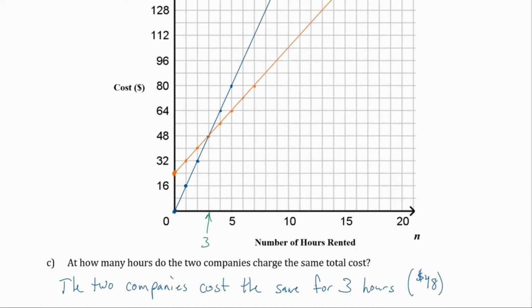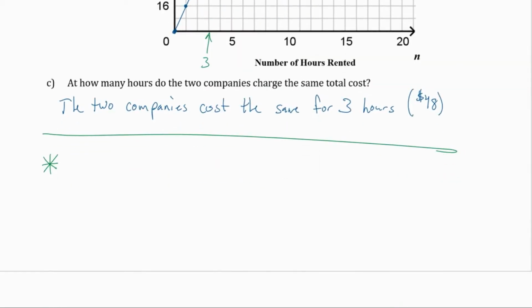Well, you want it to be cheaper, and company A is cheaper when the line is lower, and we know company A is better for fewer hours, for a shorter time, because it has a zero upfront cost, but it costs a lot each hour, right? So it ends up costing more later.